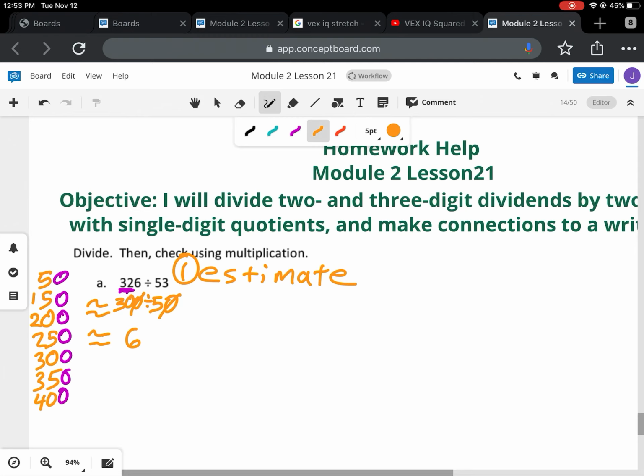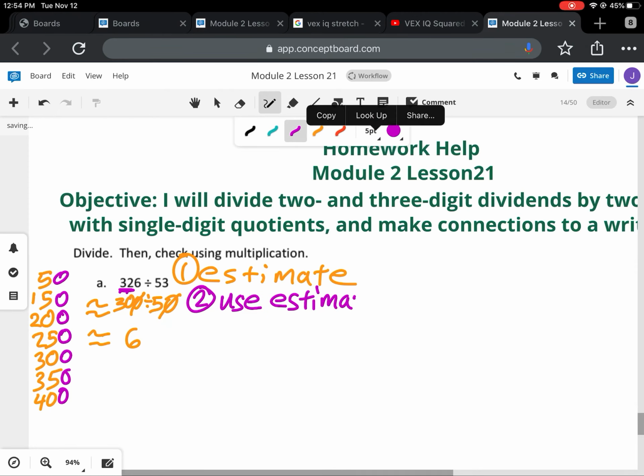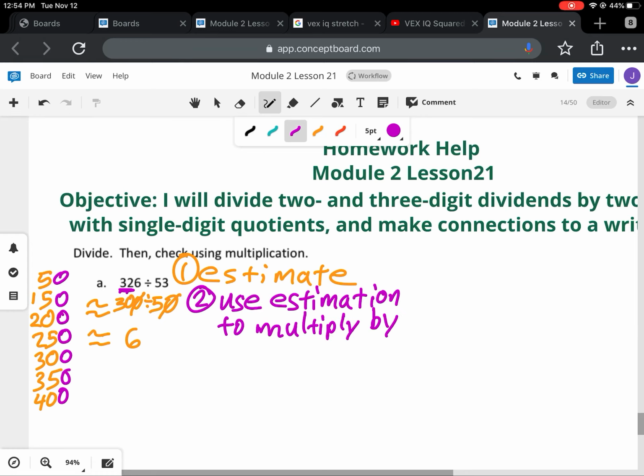So I'm going to second use estimation to multiply by divisor. This is our divisor.